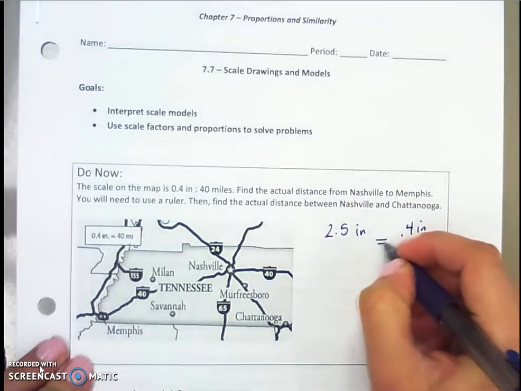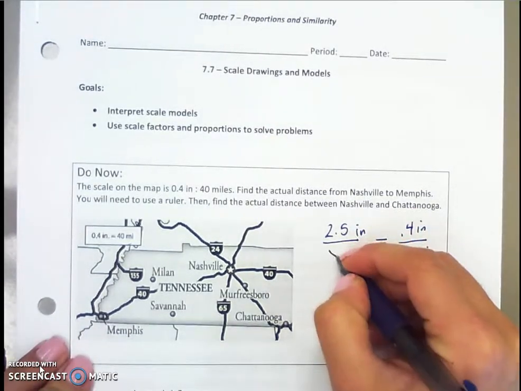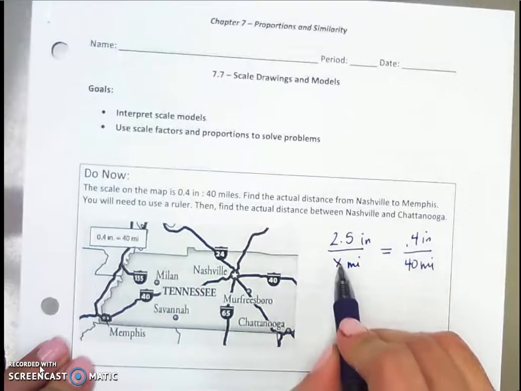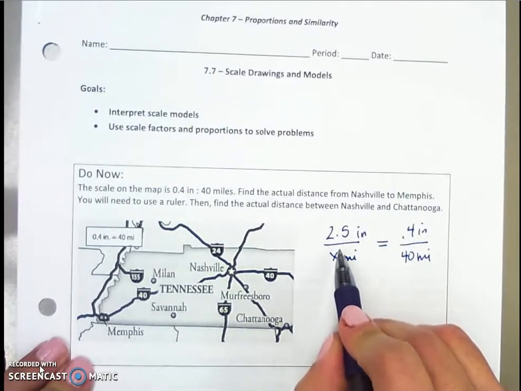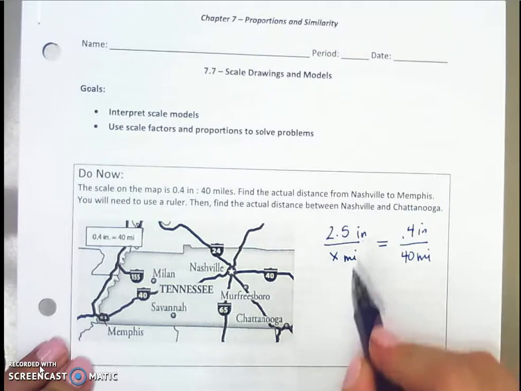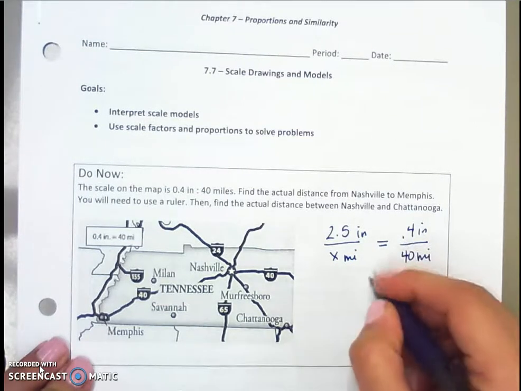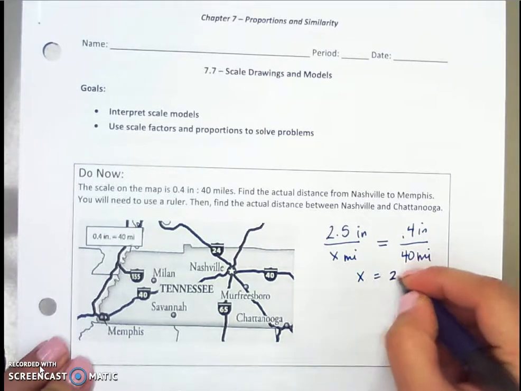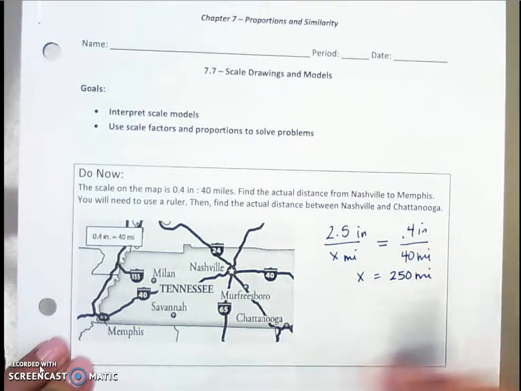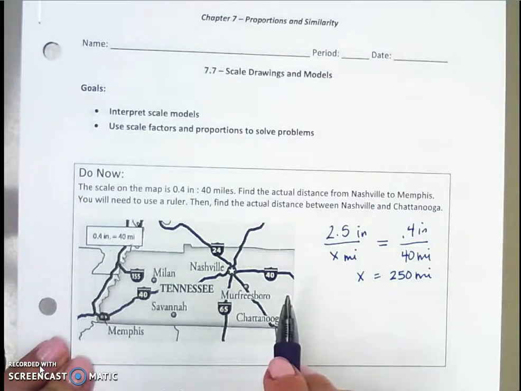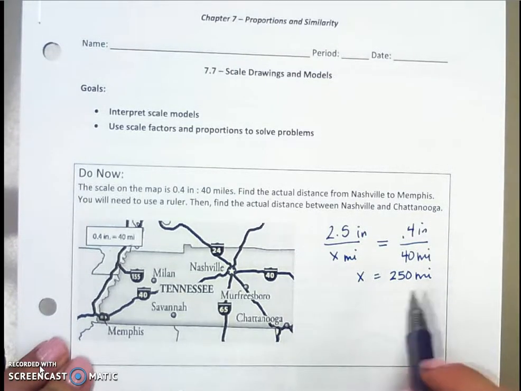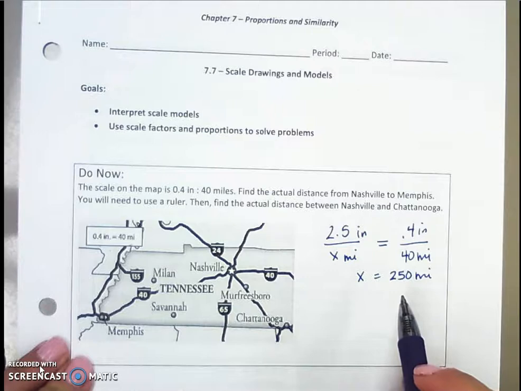So using a proportion, we can figure out how many miles should be in 2.5 inches. Some cross multiplication will give us x equaling 250 miles. So using the map, we can scale everything up and figure out the actual distance to be 250.